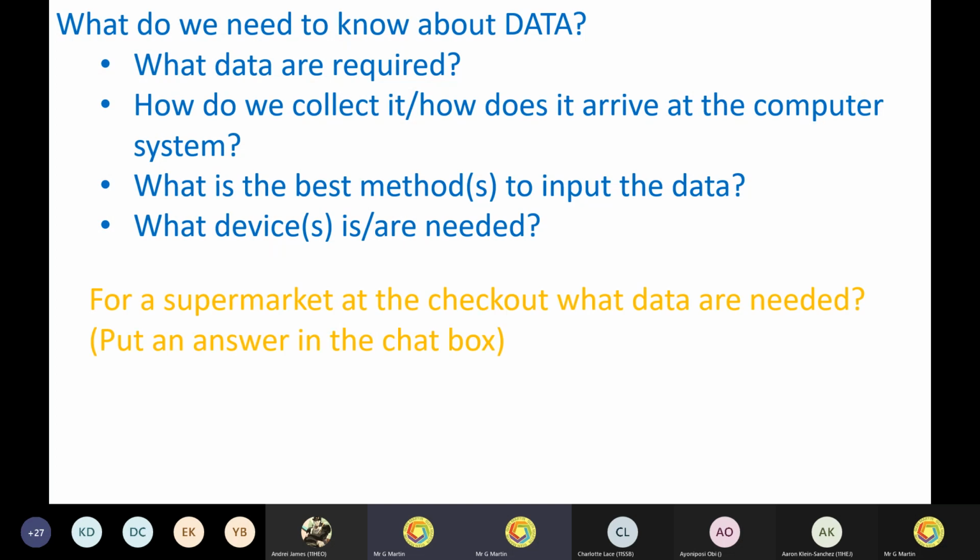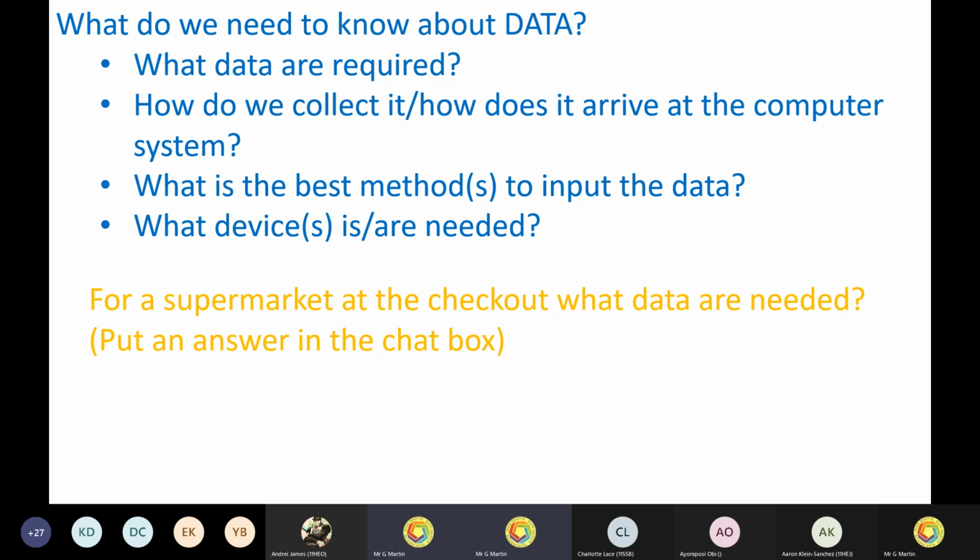So we'll look at a supermarket checkout, for example. What I want you to do quickly, in the chat box, just to make sure that you're there and listening, is this: at the checkout, where the product is being put through, what computer system is being used?